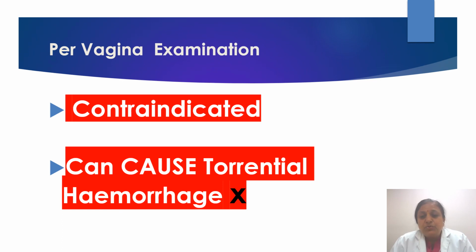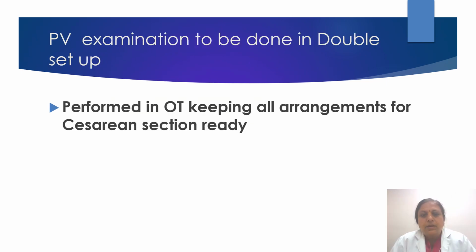That means a huge amount of bleeding, and the patient can even die of that hemorrhage. So vaginal examination is absolutely contraindicated in placenta previa or any bleeding PV cases. If at all PV is to be done, it is to be done in the double setup, that is performed in the OT, keeping all the arrangements for cesarean section ready.